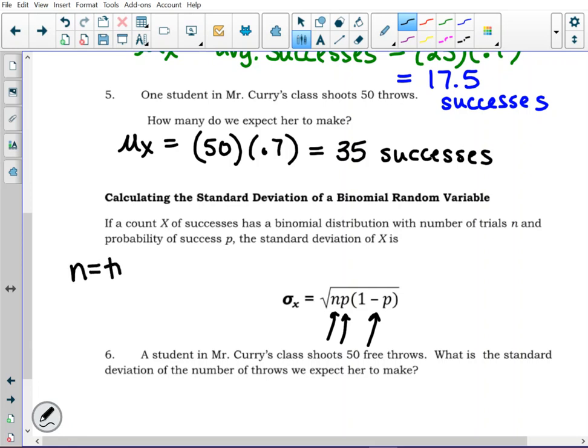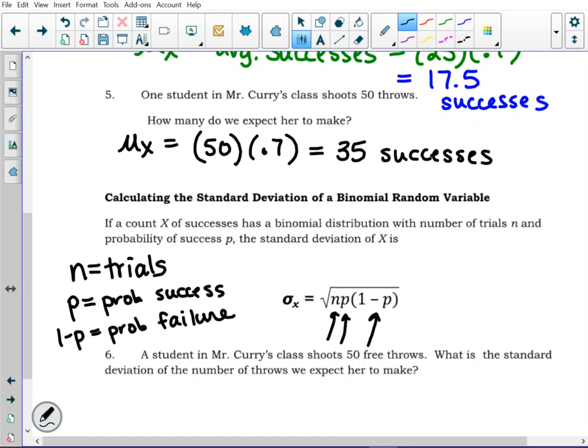So remember, n is our number of trials, p is the probability of success. So 1 minus p is the probability of failure. And remember, I told you some textbooks use a Q for that. We're going to multiply n and p and 1 minus p, and then take the square root of the whole thing. You got to remember to take the root. That's usually the part you forget.